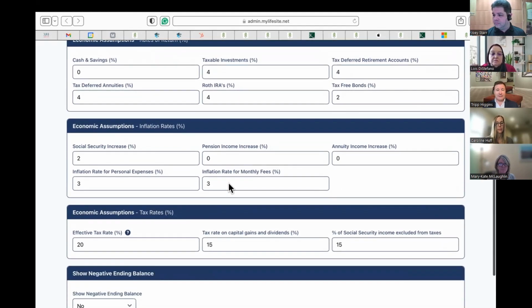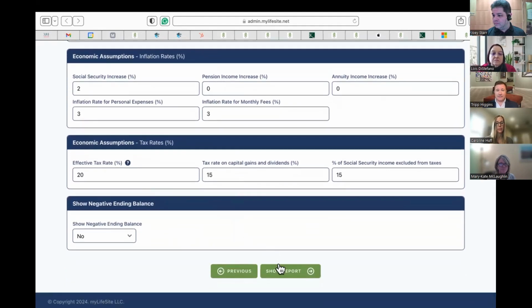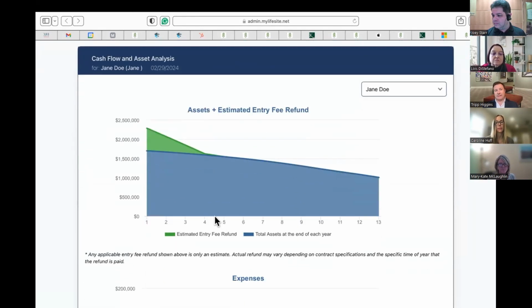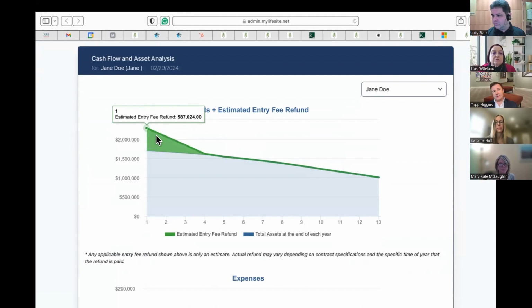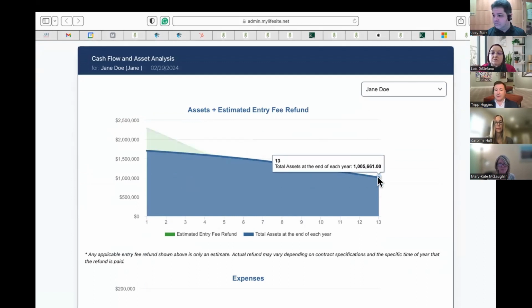We're looking at an inflation rate for the community at 3%, and then effective tax rates. What this all means and what we end up creating is a report that shows you graphically your entry fee declining over 50 months, so just over 4 years, and looking at assets of somebody starting at 1.6, and that 13 years later, they'll still have a little over $1 million.